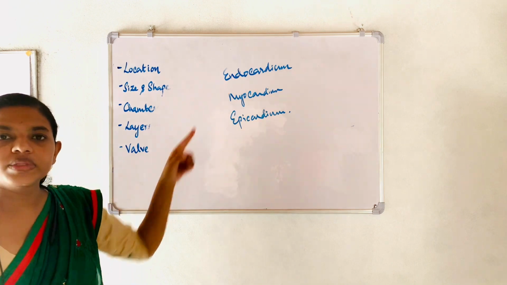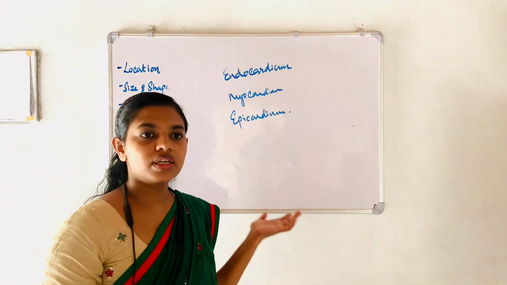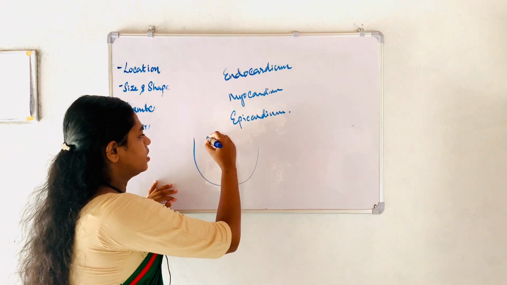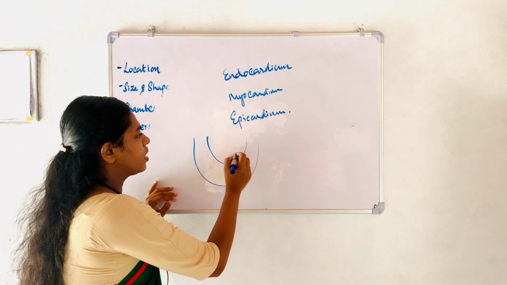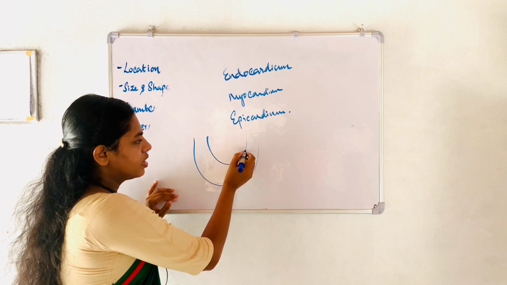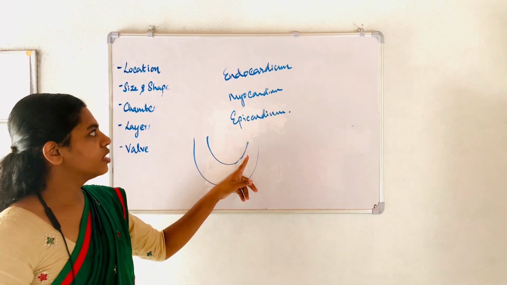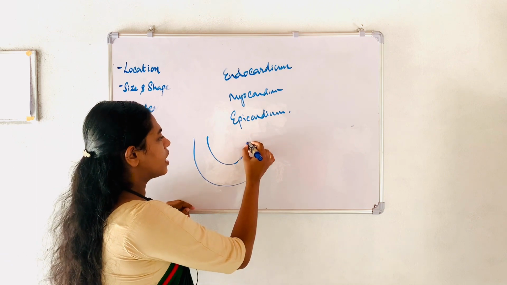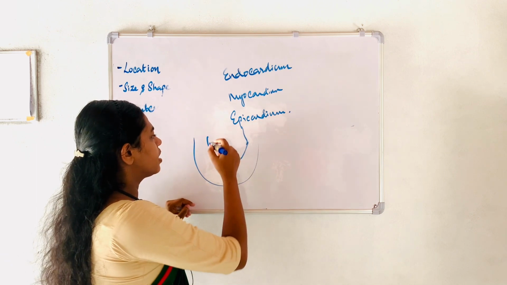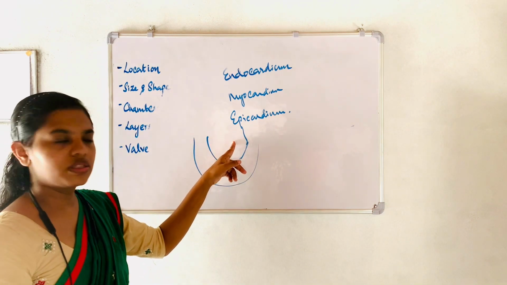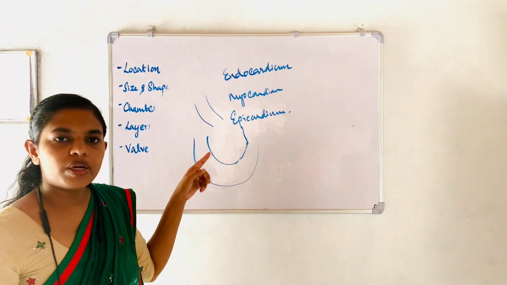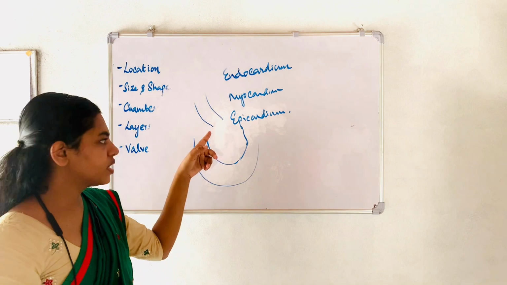So endocardium is the inner thin connective tissue that lines the inside of the heart. Okay, if you see, the inside of the heart is lined by a thin connective tissue that is known as the endocardium. Okay, and that lines the valves of the heart and the vessels of the heart. So aorta, pulmonary artery, those leave from the heart, right?